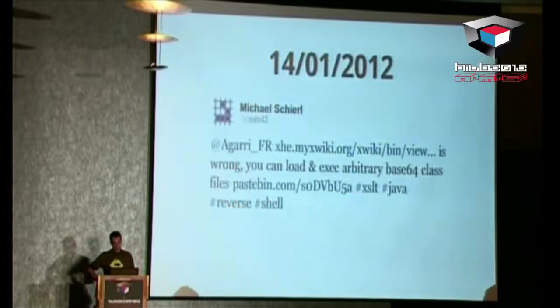And I had a German guy, Michi42, who told me that I was wrong, and it was possible to execute arbitrary base64 class files in Java. So for me, it was a very big win, because it seemed to be impossible for 2 or 3 months. I spent that time on this kind of bugs.